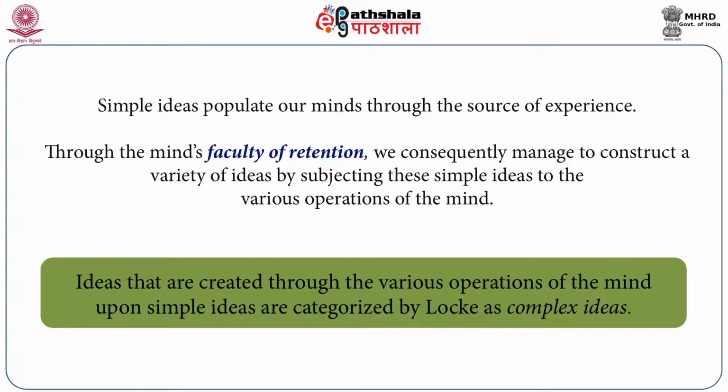We consequently manage to construct a variety of ideas by subjecting these simple ideas to the various operations of the mind. Ideas that are created through the various operations of the mind upon simple ideas are categorized by Locke as complex ideas, as I already pointed out.